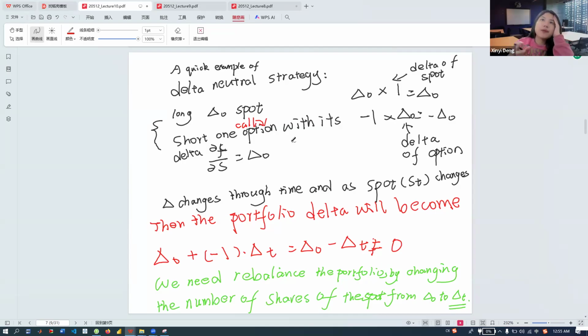We already know that its delta is equal to delta O. Therefore, we can try to make our portfolio delta equal to 0, right? And what we do to achieve that 0 delta is we also long delta O of spot.